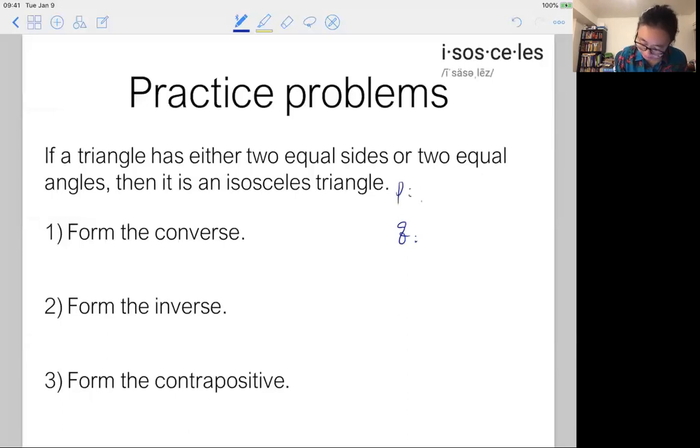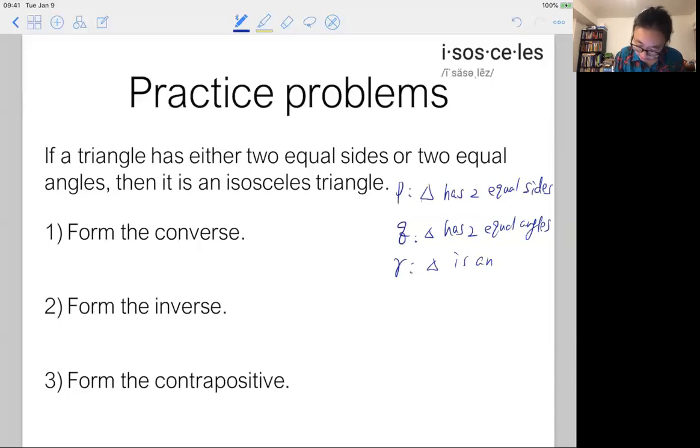P is a triangle has 2 equal sides. Q is a triangle has 2 equal angles. And R is a statement: the triangle is an isosceles triangle. I'm using a little abbreviation since I'm running out of space.